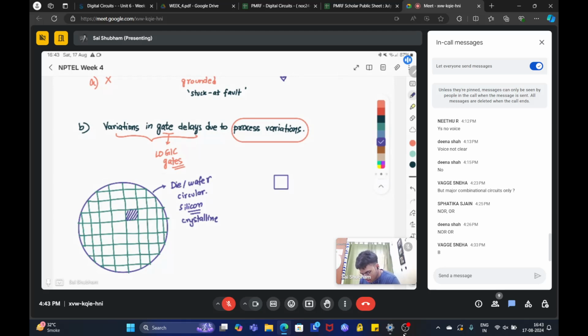In this wafer, how many chips we fabricated, you can count. This portion is actually wasted because we cannot fabricate it completely. Similarly, this is wasted. So the edges we do not consider. You have to consider all these squares, and inside of them, these many chips we can extract from a wafer.